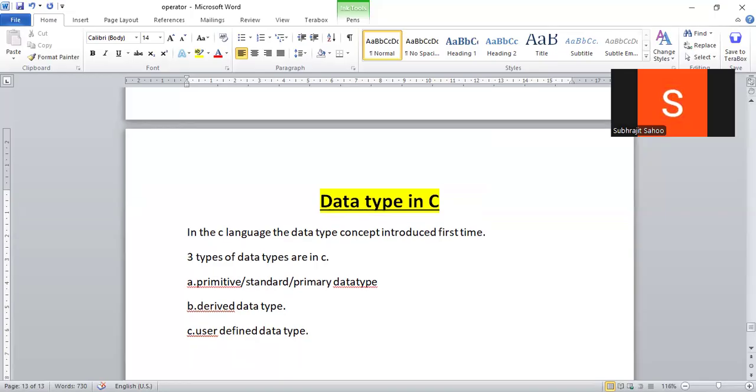So under the primitive data types, what are the data types they kept?